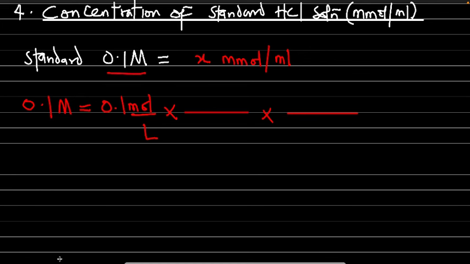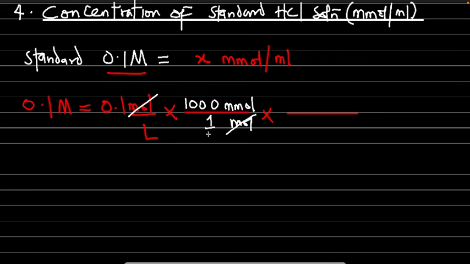So I'll come here, I want to convert mole to millimole. I'll put mole down, I'll put millimole up. Now, how many millimoles make 1 mole? 1000 millimoles make 1 mole, so that this can cancel this.